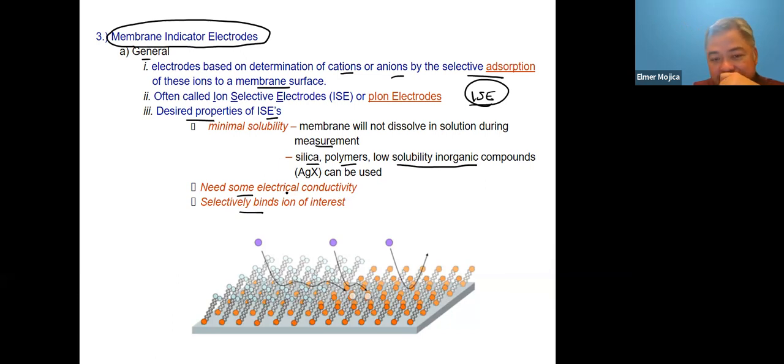That's why you need it to have some electron conductivity para makita yung changes once nag-bind doon sa target of interest mo. And what do you think is the classic membrane indicator electrode? Anyone? Ano sa tingin niyo yung classic na type nito?